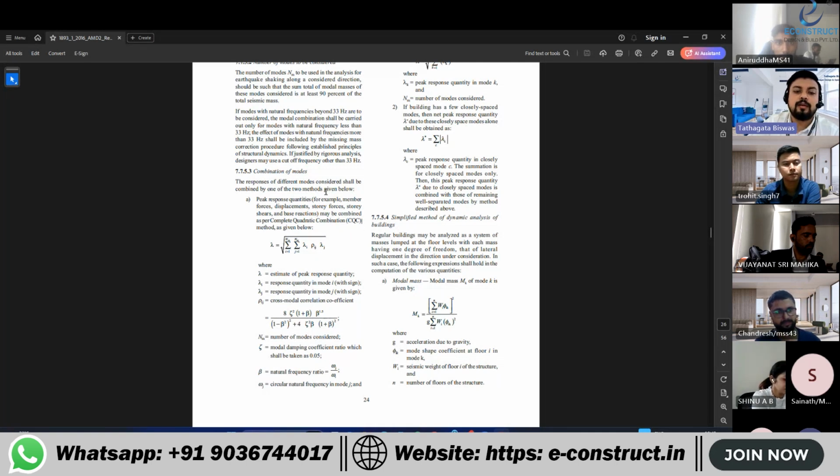How it is different between each other, as I have told, is that the coupling effect is not there in SRSS, whereas in CQC it is there. You will get in detail how the formula changes between these two. They give an in-depth breakup of this entire formula which you are seeing over here, 1 plus beta, into beta to the power 1.5.